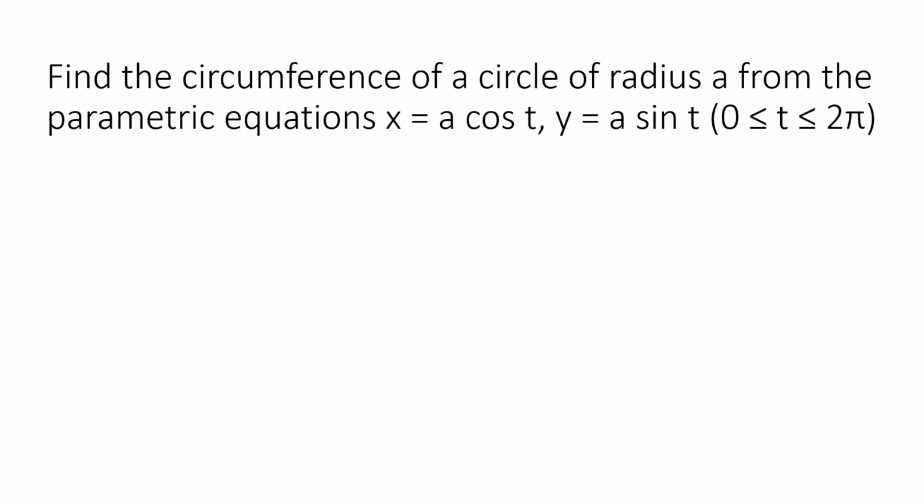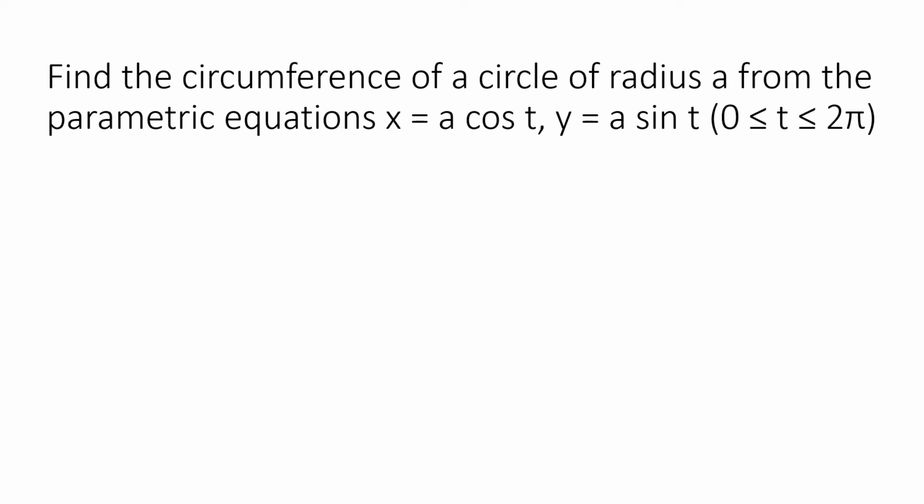So let's have this example. Find the circumference of a circle of radius a from the parametric equations x equals a cosine t, y equals a sine t, where t is greater than or equal to 0 but less than or equal to 2 pi.